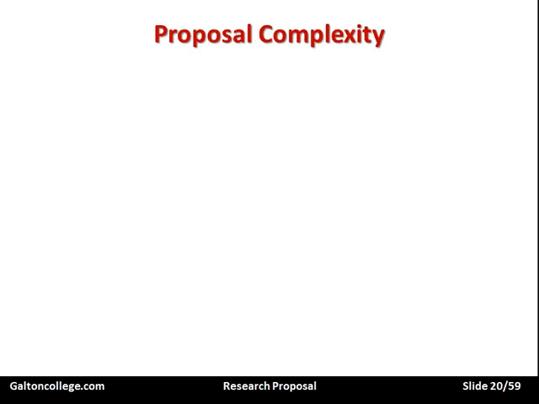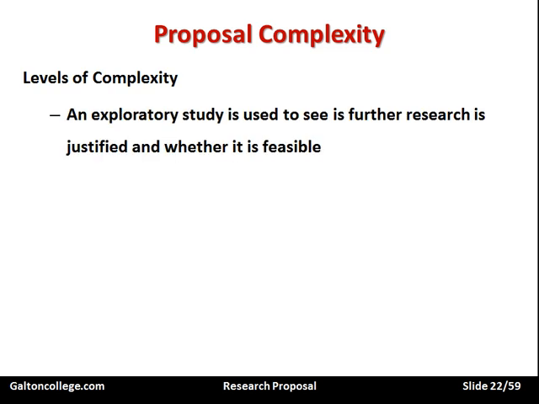Now, the proposal complexity, well, there are levels of complexity. An exploratory study is used to see is further research justified and whether it is feasible. So, given a research proposal, it's necessary to, for a start, do an exploratory study, just a small study, to see if further research is justified.